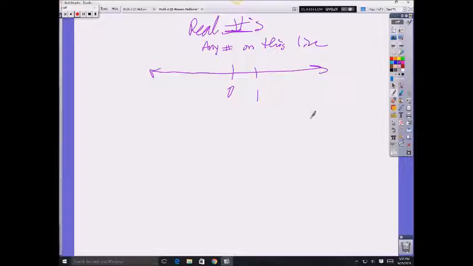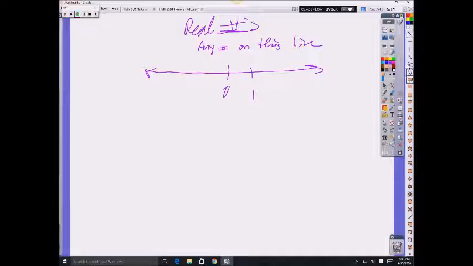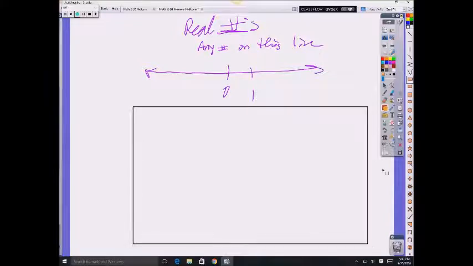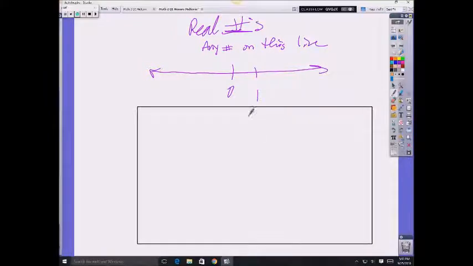So the real numbers, any number that can go on a number line, this number line right here is a real number. Now, the real numbers are divided into 2 groups. So the reals, here we go.